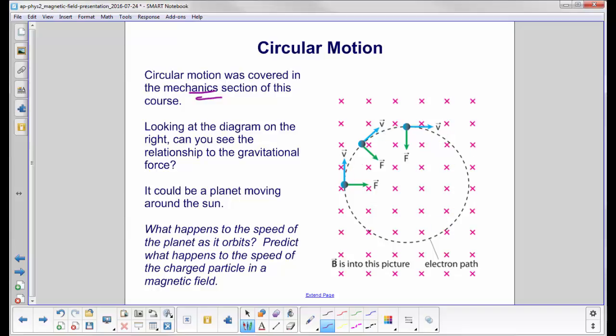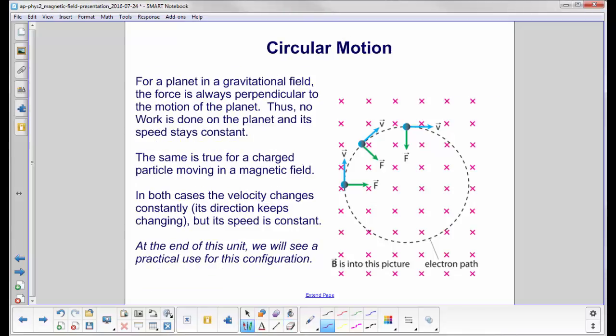Now, what happens to the speed of the planet as it orbits? See if you can remember that from the first semester, and predict what happens to the speed of a charged particle in a magnetic field. For a planet in a gravitational field, the force is always perpendicular to the motion of the planet, just like this particle in the uniform magnetic field.